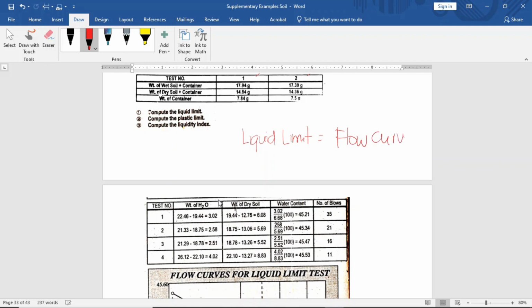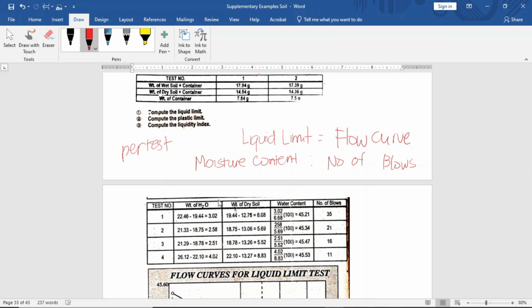So, ano ba yung sa flow curve natin? Meron doon moisture content at meron tayong number of blows. So, hanapin muna natin yung moisture content per test. Kasi magkakaiba yung nila given.